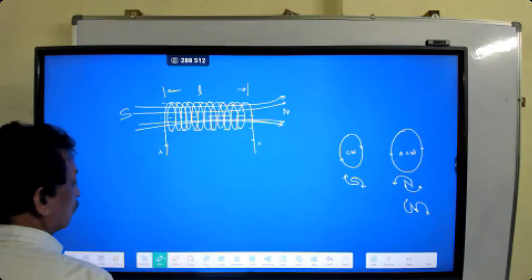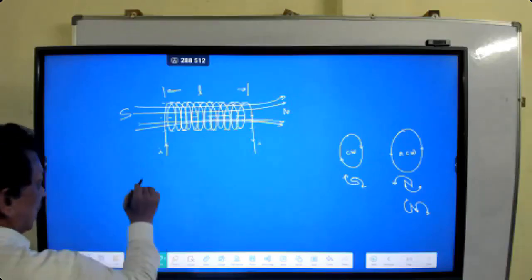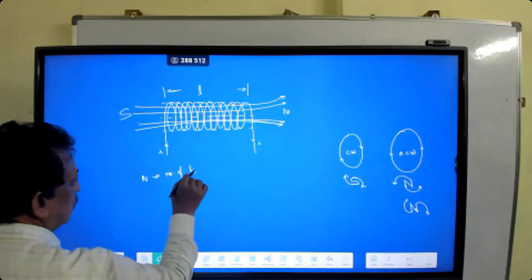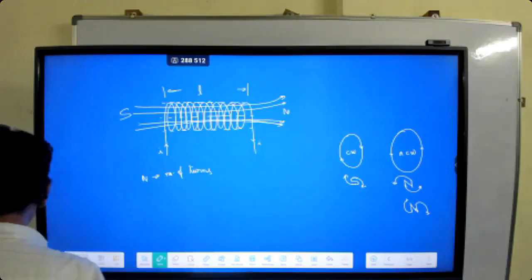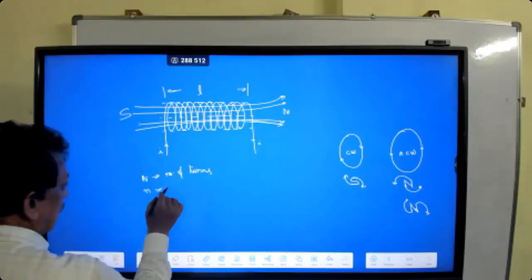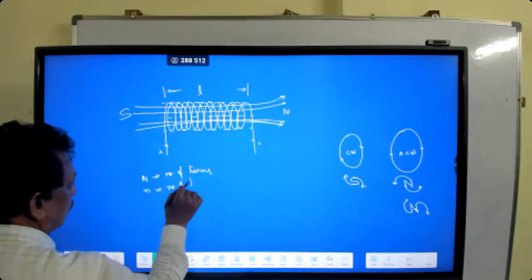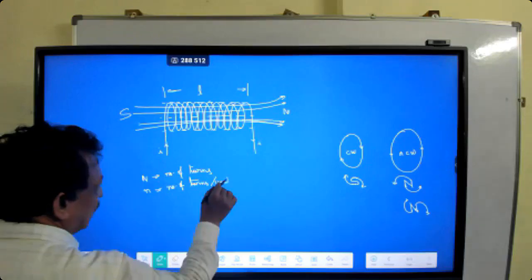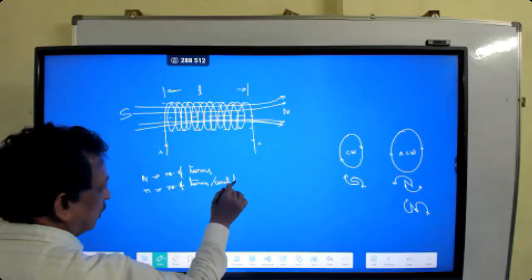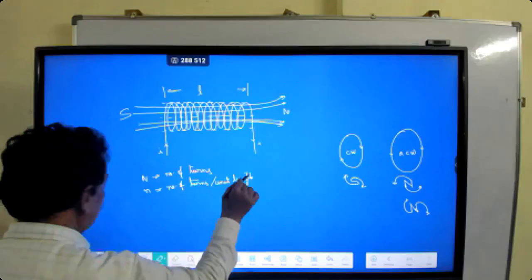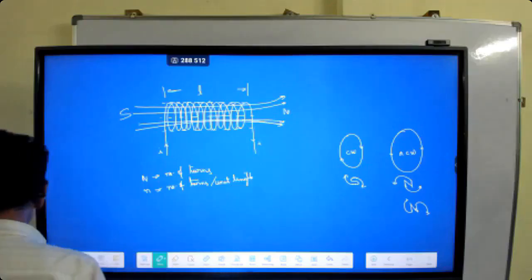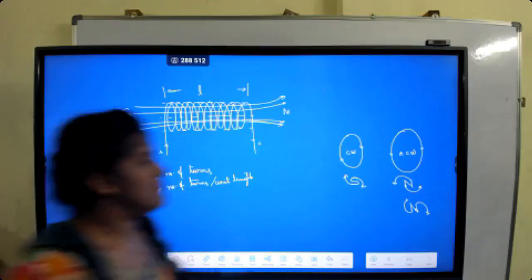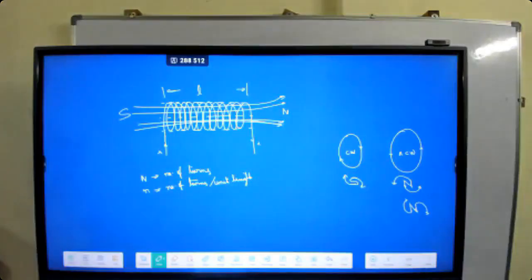Capital N is equal to the number of turns, and small n is the number of turns per unit length.